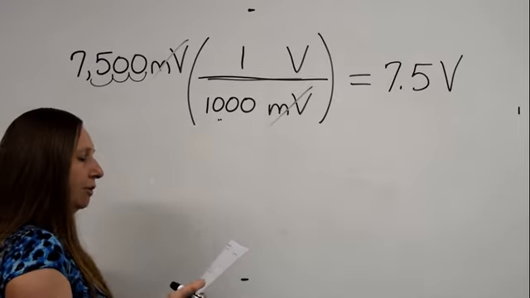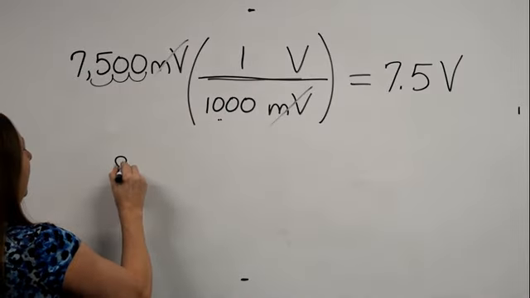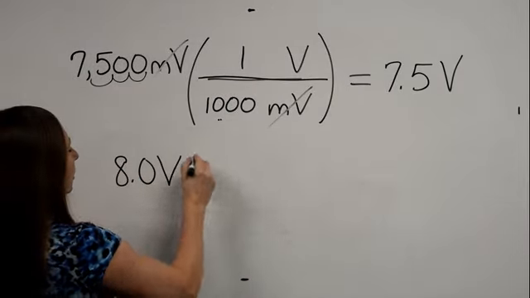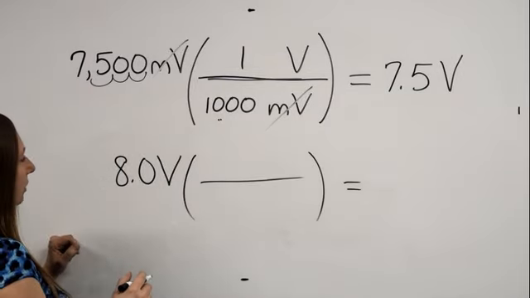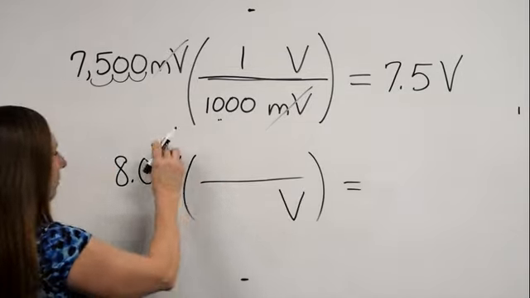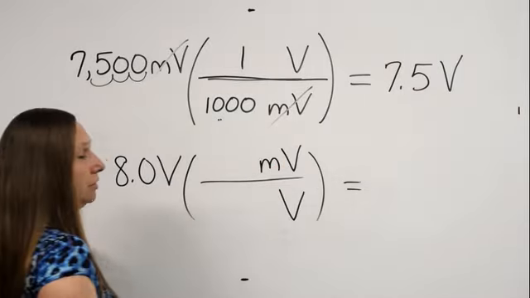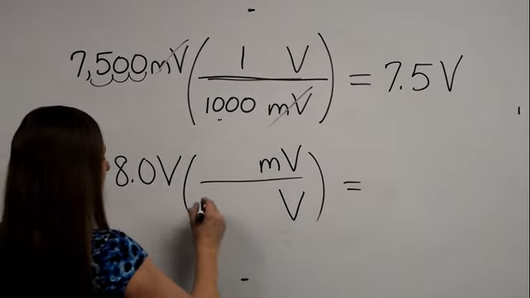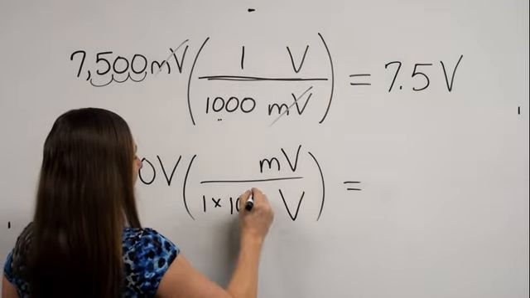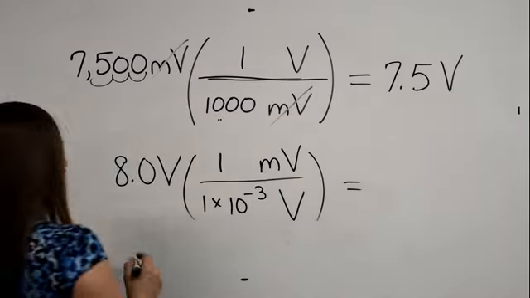How about 8 volts? Let's convert that to millivolts. All right, 8 volts. We want to convert that to millivolts. We want to get rid of volts. Volts on top, volts on bottom are going to cancel. Millivolts. All right. Let's try something a little different. 1 times 10 to the negative 3 volts is 1 millivolt.